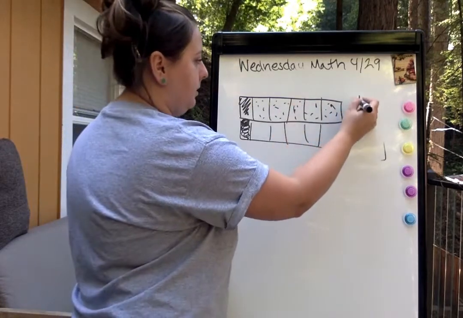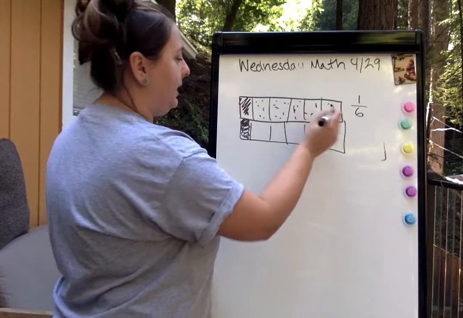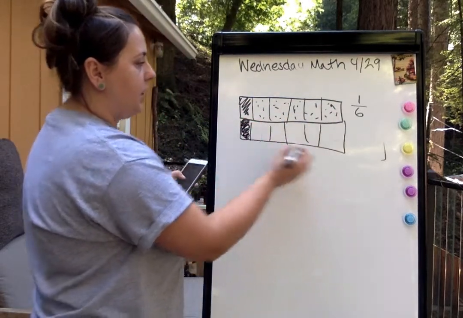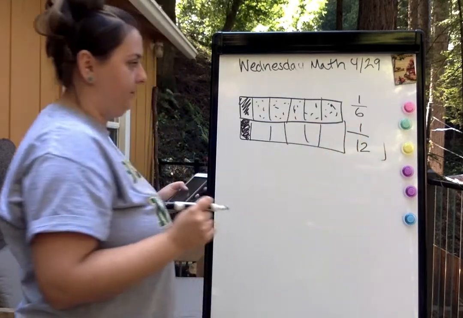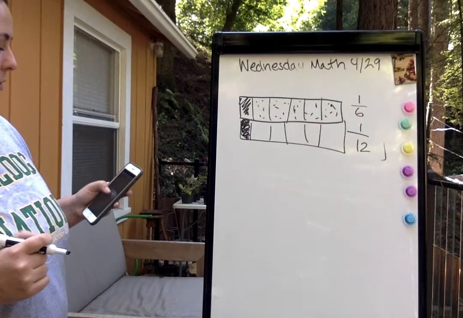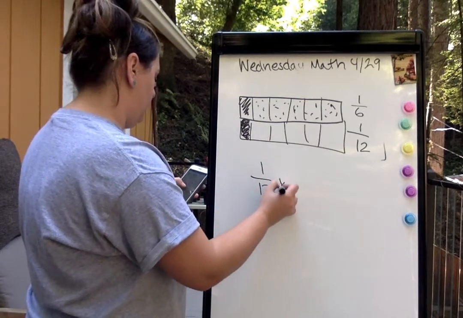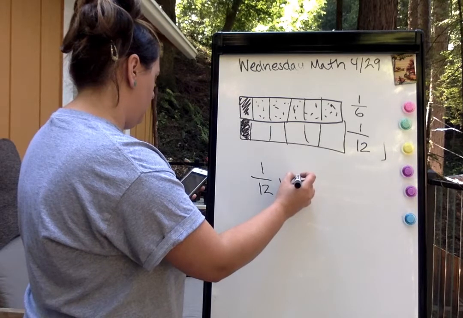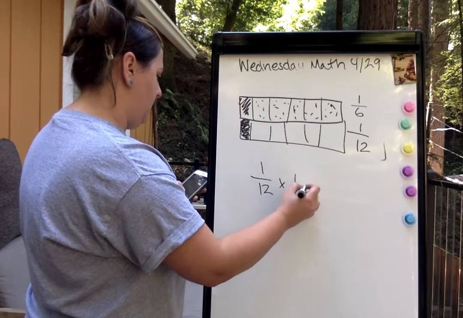So what we have here is a 1/6, okay? And then the total here of all of these, since this is super dark gray, would be 1/12. Okay? So your answer would be 1/12 times 1/6.